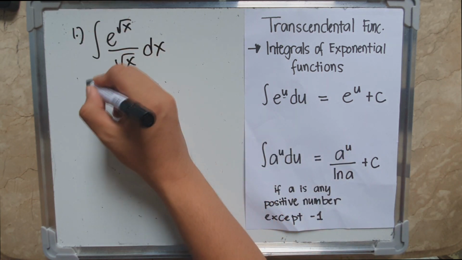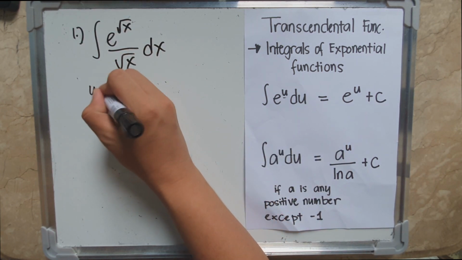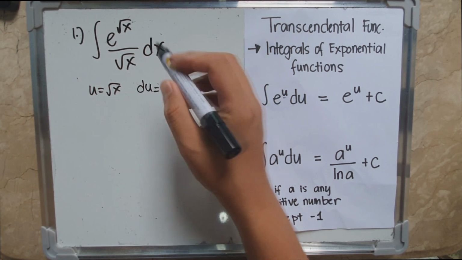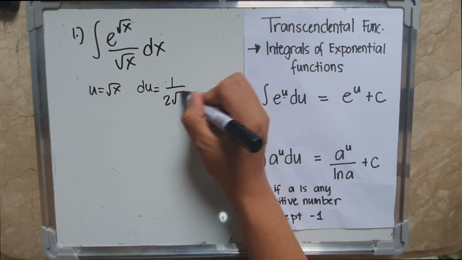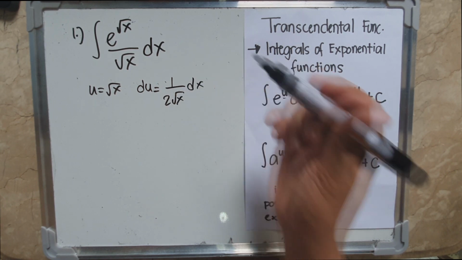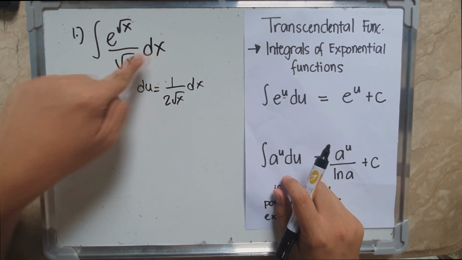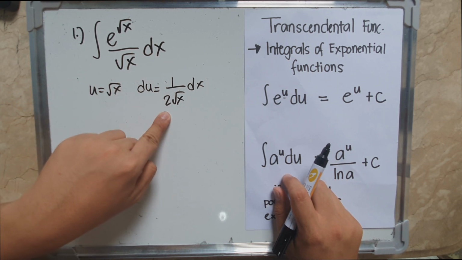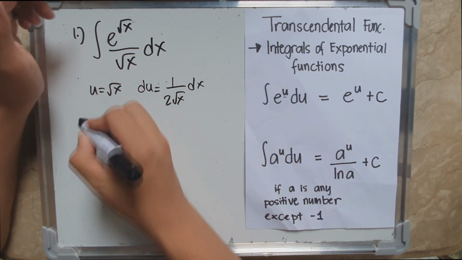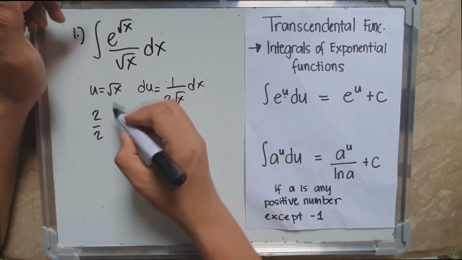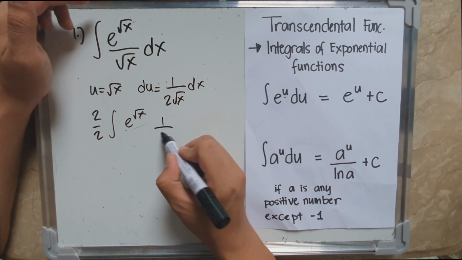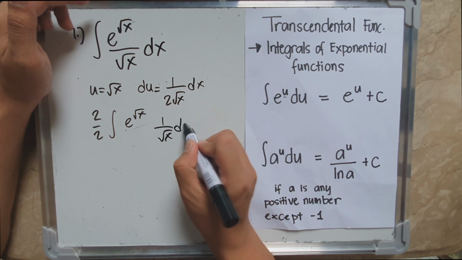So if we assign u as the square root of x, the du is 1 over 2 square root of x dx. We already have dx, we already have square root of x in the denominator, we only need 2 for the denominator. So we correct this one with 2 over 2, integral of e raised to the power of square root of x, 1 over square root of x dx.